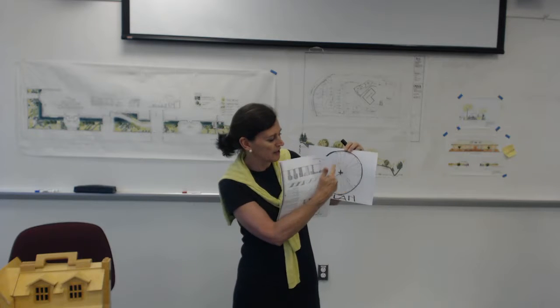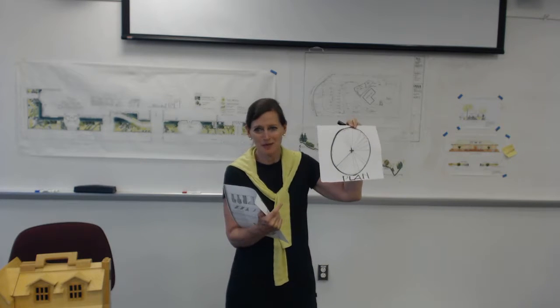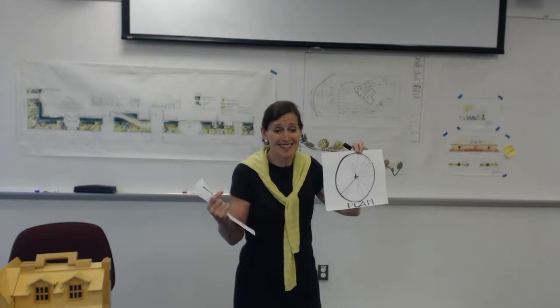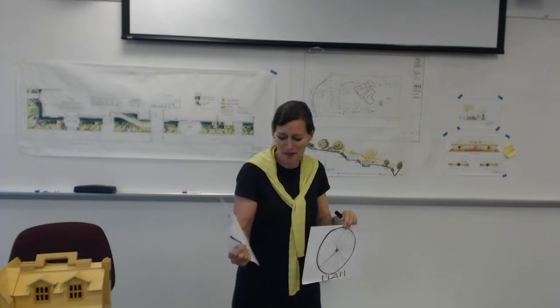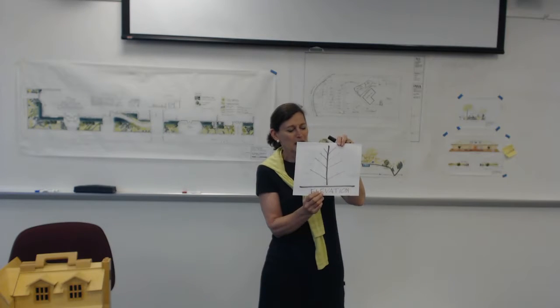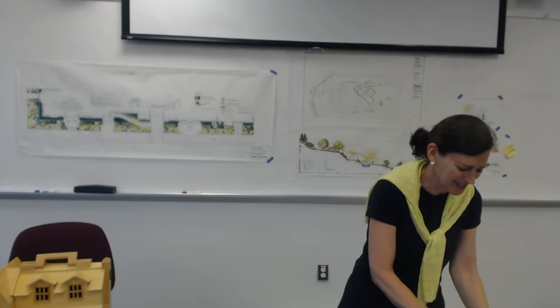It might be a conifer. This is what we're interested in as landscapers, all the trees and shrubs. But then in elevation, what would that tree look like? Well, here's a very sad-looking deciduous tree, or a conifer that's lost all its needles.